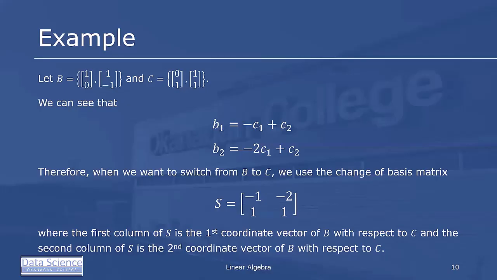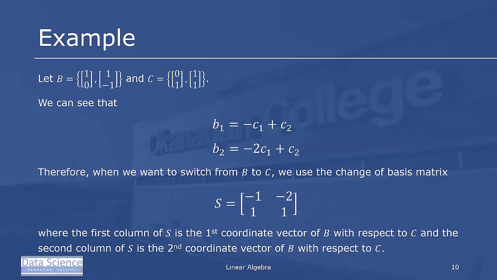We'll let B be the basis (1, 0), (1, -1), and C be the basis (0, 1), (1, 1). If we want to write basis vector B1 as a linear combination of basis C, we end up with negative C1 plus C2.